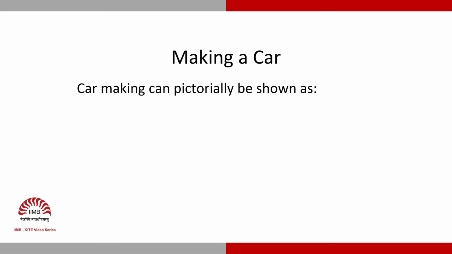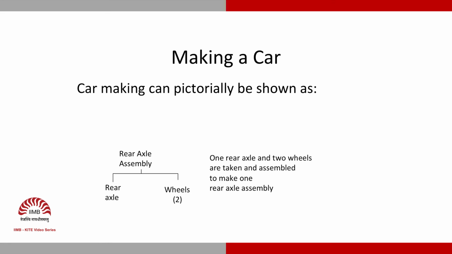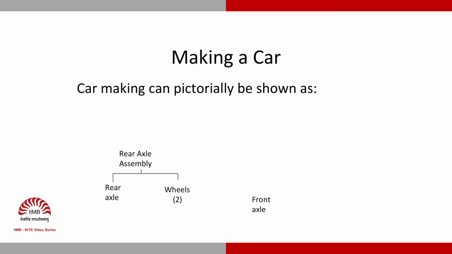So, look at this slide and see how pictorially we can depict making a car. To begin with, let us say I take the rear axle and take 2 wheels and assemble them to make a rear axle assembly. Likewise, I can take the front axle and 2 more wheels, assemble them to make the front axle assembly.